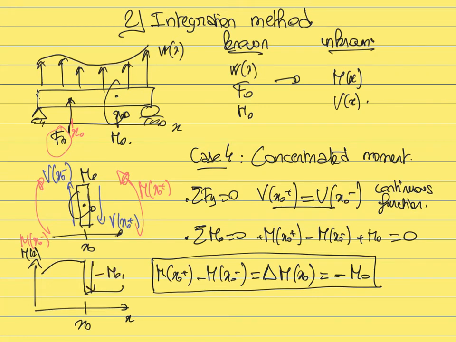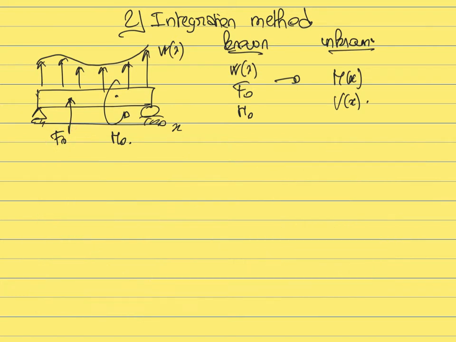The value of the moment at x naught will be different whether you come from the left or from the right, and the difference between the left minus the right is going to be equal to minus m naught. So unlike the case of the concentrated shear force, there is a minus sign here, which means that a positive concentrated moment is going to induce a negative discontinuity and vice versa.